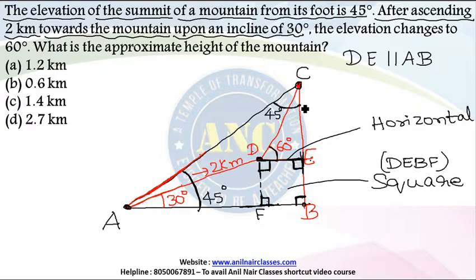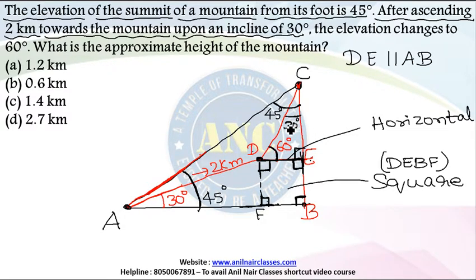Let me come to that triangle after some time. There is another right angle triangle, that is this triangle DEC, right? This is 60 degrees. This is 90 degrees, so this should be 30 degrees, right? Think logically.